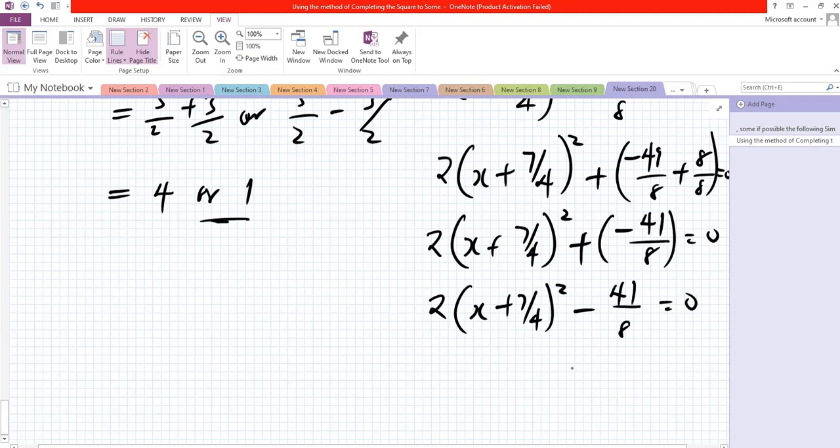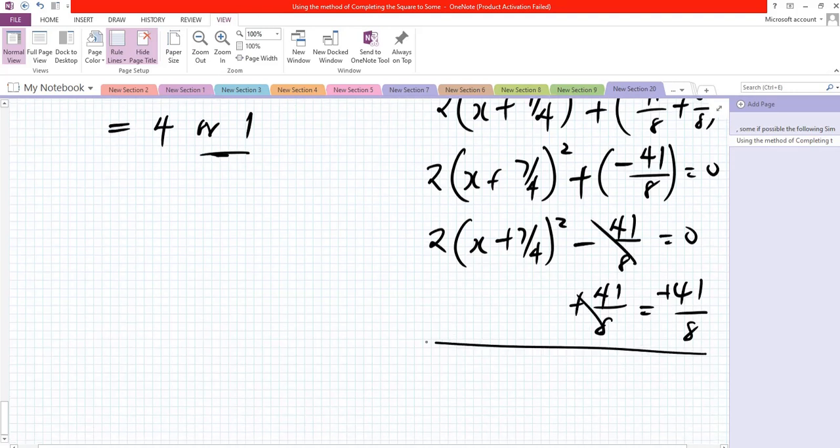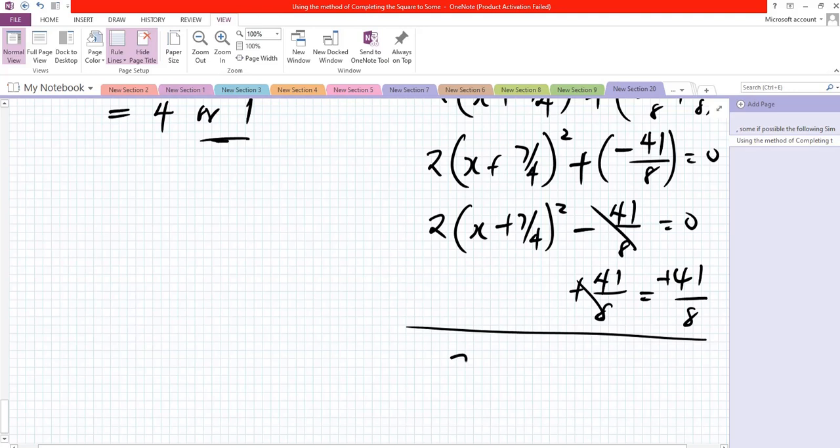Now if you add 41 all over 8 to both sides, this will cancel out this. We are left with 2 bracket open x plus 7 over 4 all squared equal to 41 all over 8.